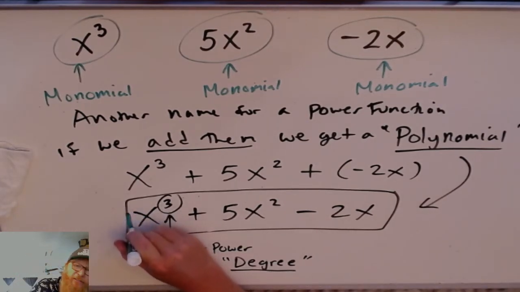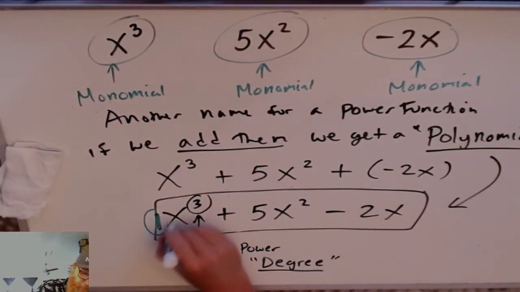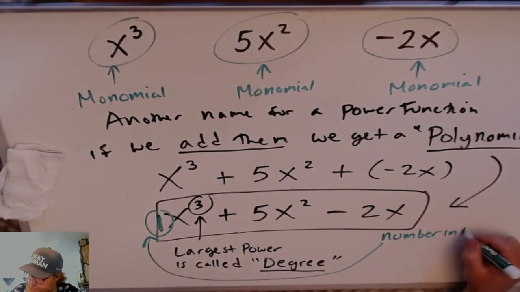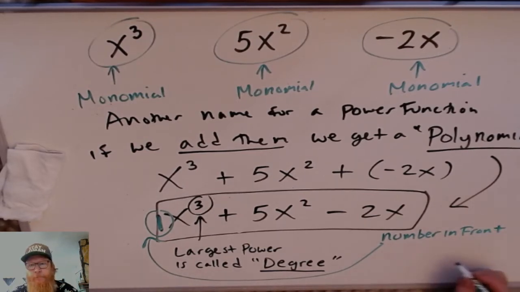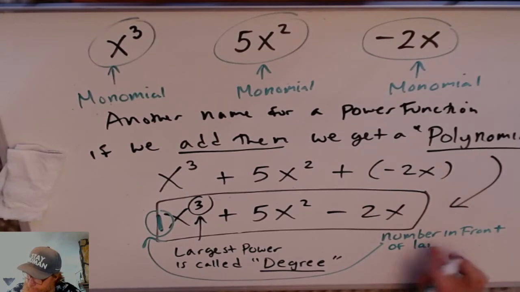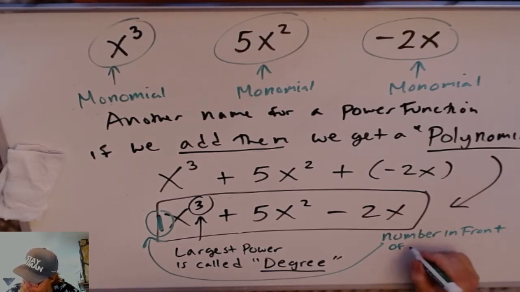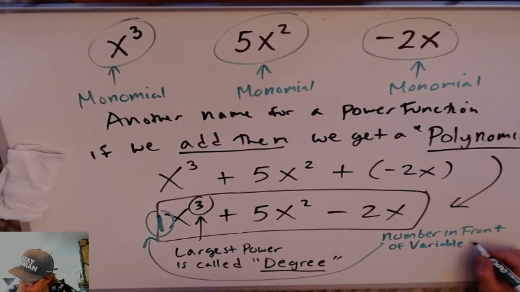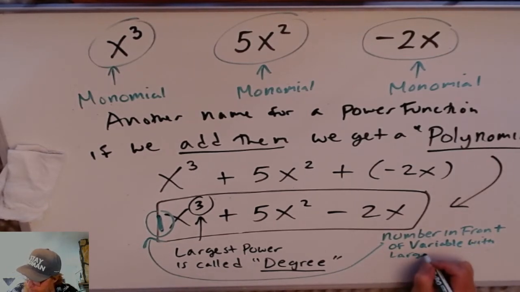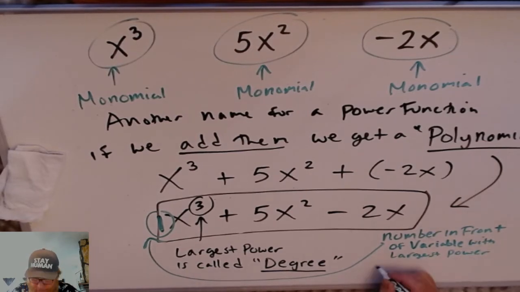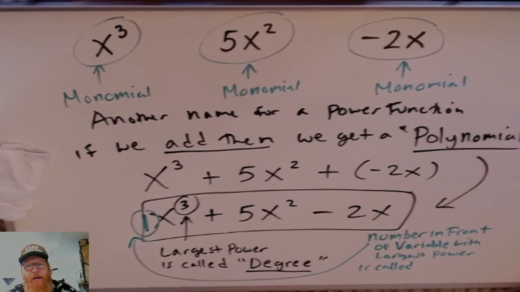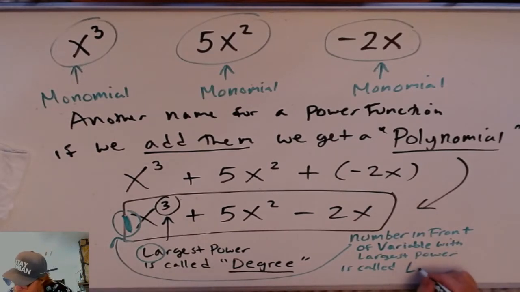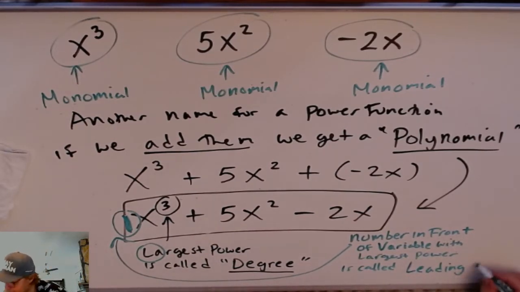The number in front of the variable with the largest power, I'm abbreviating here, I'm leaving out some words, is called, well, largest, it's in the front, it's the leader. So we're going to call it the leading coefficient.